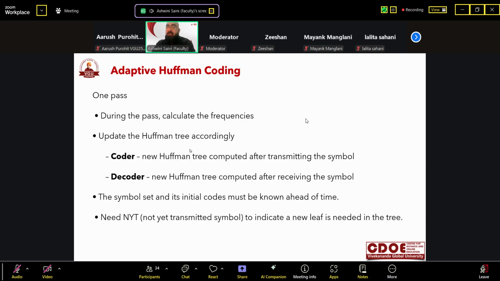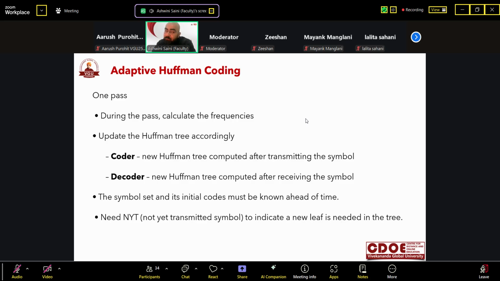So we are starting another topic in this session that is related to adaptive Hoffman coding. Adaptive Hoffman coding is somewhat similar to Hoffman coding, but there are some changes made to improve the algorithm. It is a method used in data compression to encode data more efficiently.